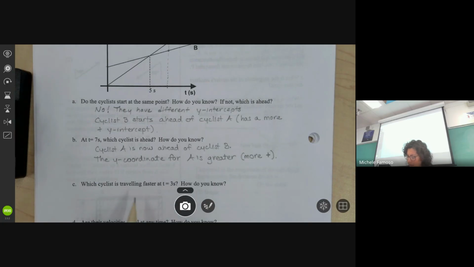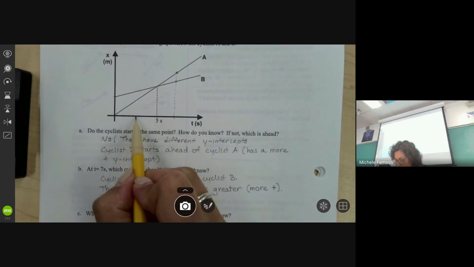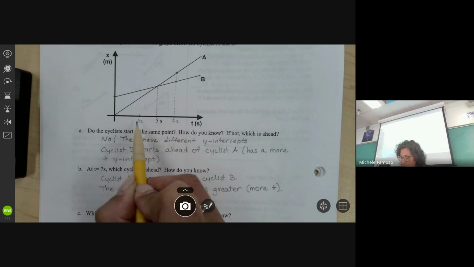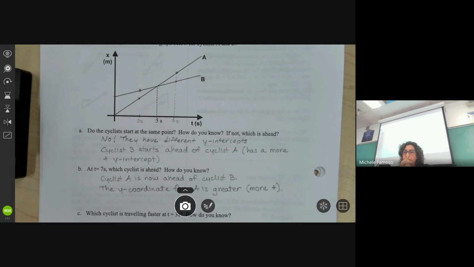Which cyclist is traveling faster at 3 seconds? 3 seconds would be right about here. Who's going faster here, A or B? It can't be both. When I say how fast, that's referring to the speed.